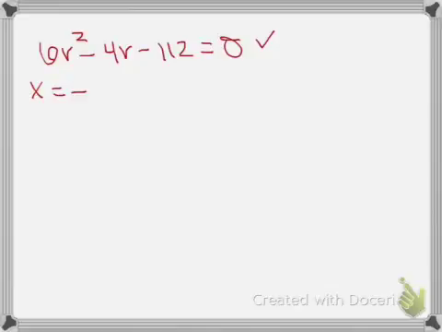Our first problem we're going to talk about is already set equal to 0, which is great. You could try to factor it and it may work, but we're going to go ahead and use the quadratic formula. So the quadratic formula says negative 1 times b. Since b is negative 4, we'll write that down first.